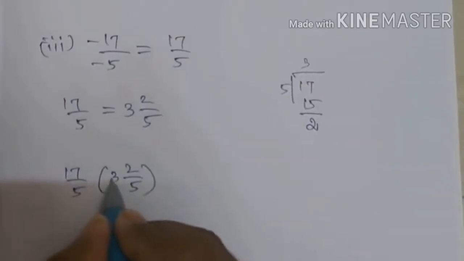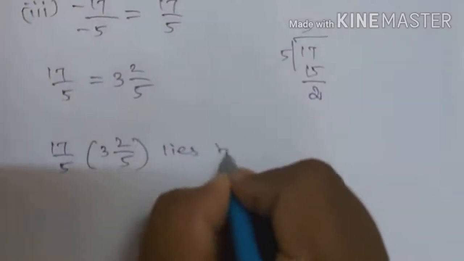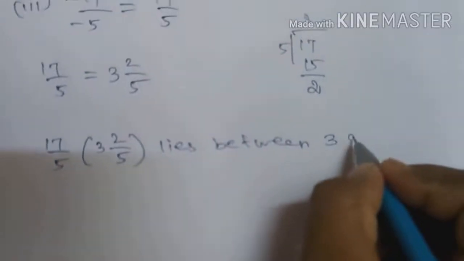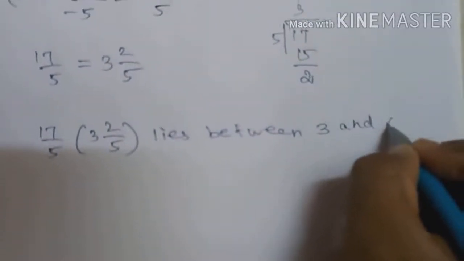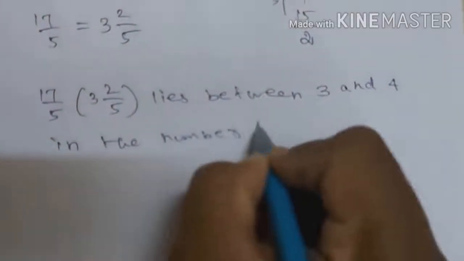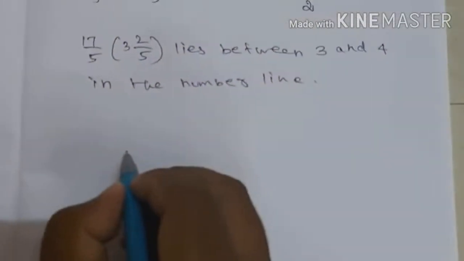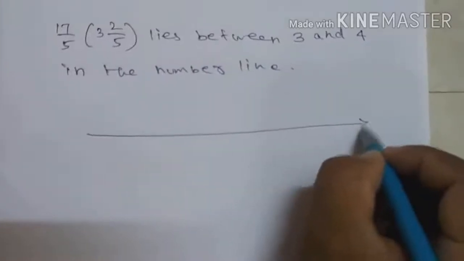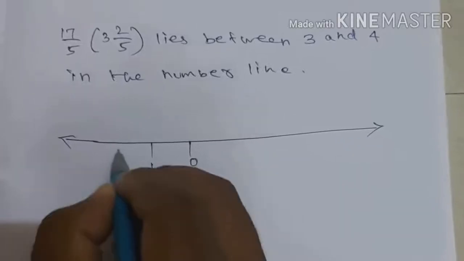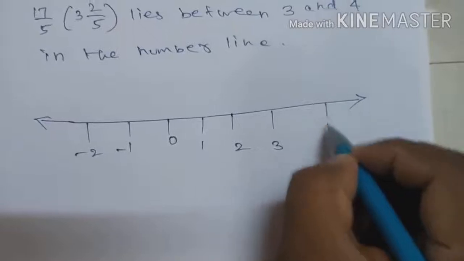We divide the unit part between 3 and 4 into 5 equal parts. So draw the number line with 0, on the left-hand side -1, -2, and on the right-hand side 1, 2, 3 and 4.